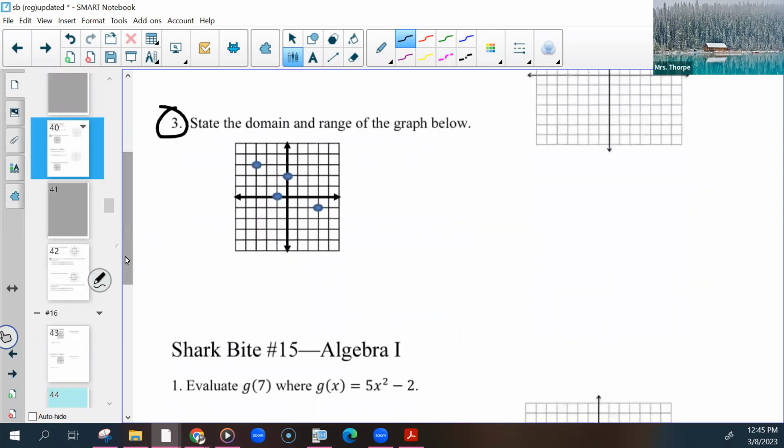All right, so for 3, you're looking for the domain and range of this discrete graph. It's not continuous because they're random points. So when you list out your domain and range, they'll be in curly brackets, least to greatest with no repeat.